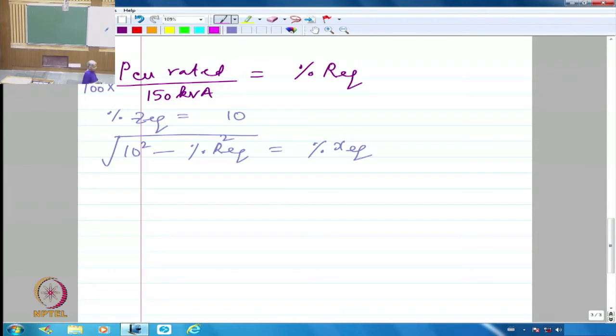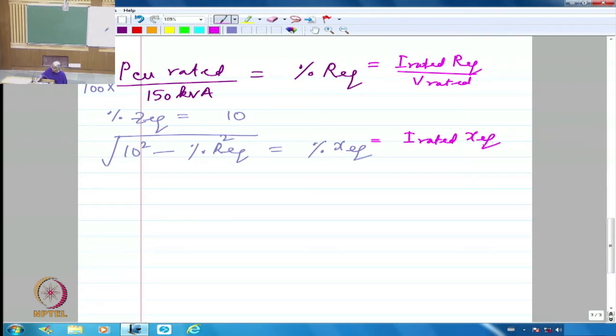Please note that this is I rated R equivalent divided by V rated. Maybe I have taken everything from the primary side. This will be similarly I rated multiplied by X equivalent divided by V rated.